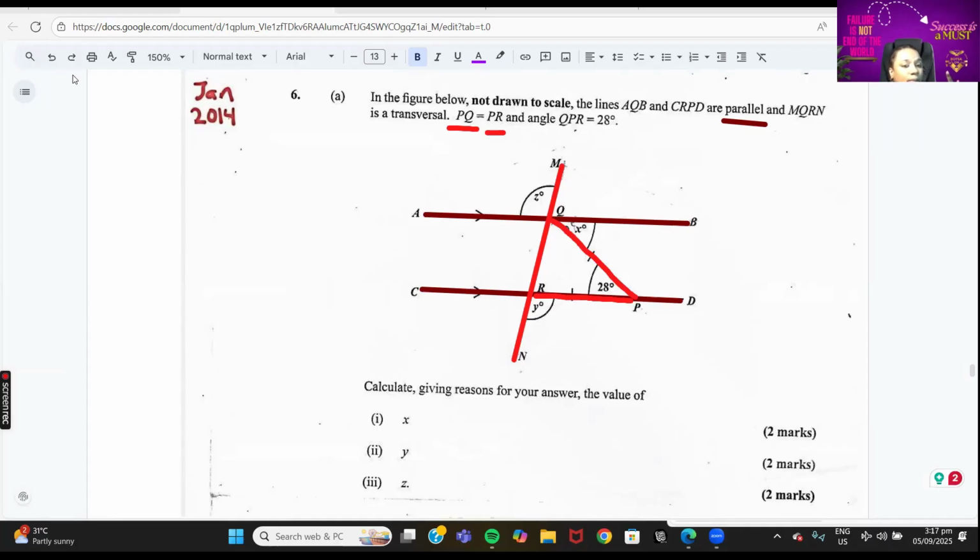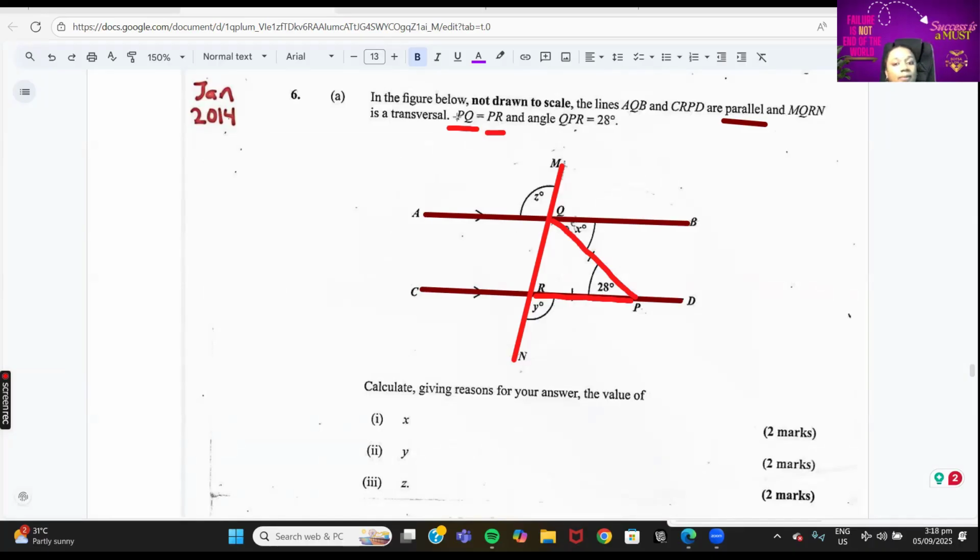Does anybody remember what's the name of the triangle that normally has two equal sides? I hope nobody is Googling this. If you can't remember, fine. But that is what they are telling you here without telling you that.